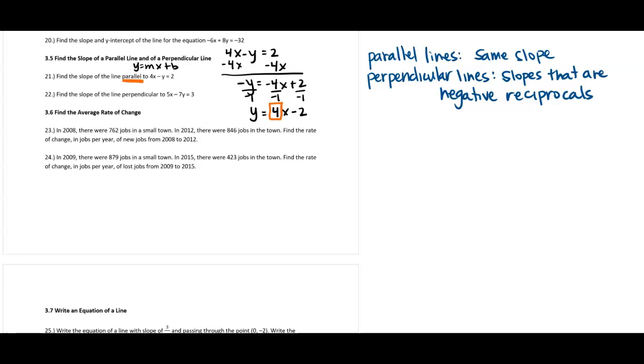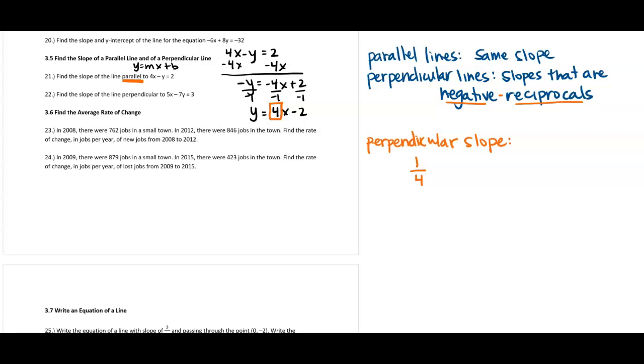Okay? But what if it asked for perpendicular slope? So a line that's perpendicular to this one would have what slope? Wouldn't it be 1/4? Close. There's one other thing you have to have. So you did the reciprocal, but then you also need to change it to its opposite.